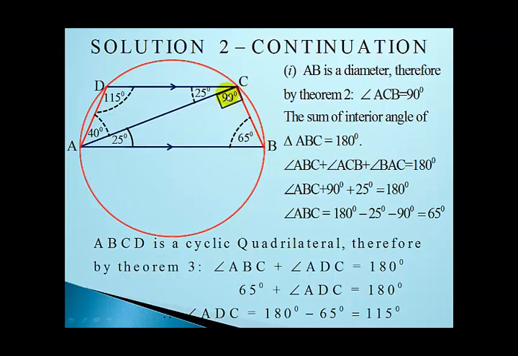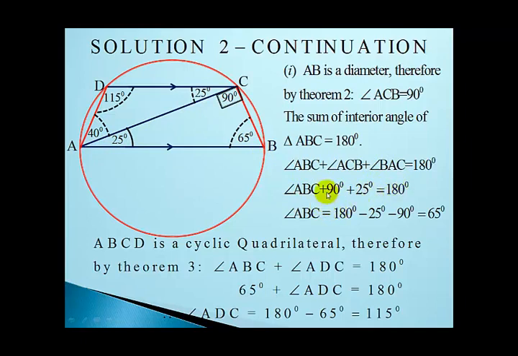The sum of the interior angles is equal to 180 degrees. That means that angle ABC plus angle ACB, which is 90 degrees, plus angle BAC, which is 25, is equal to 180. So angle ABC, the angle at B, plus 90 degrees plus 25 degrees is equal to 180 degrees.